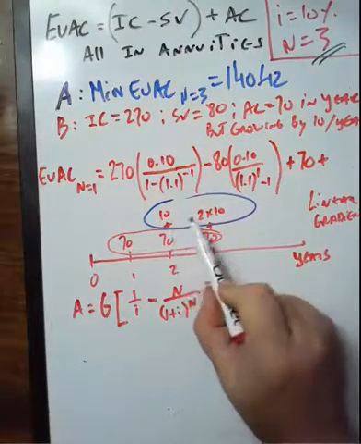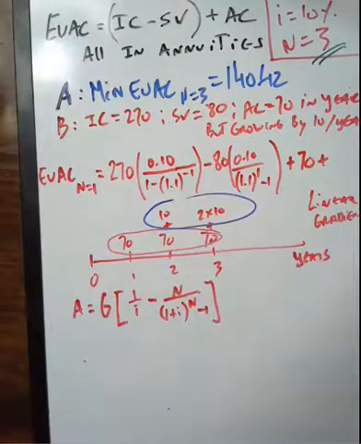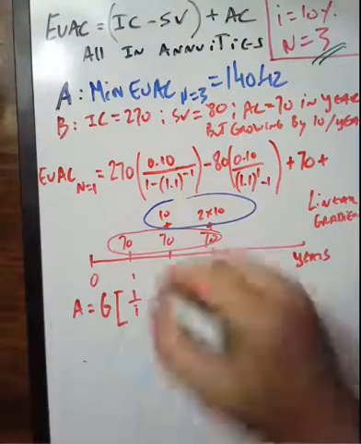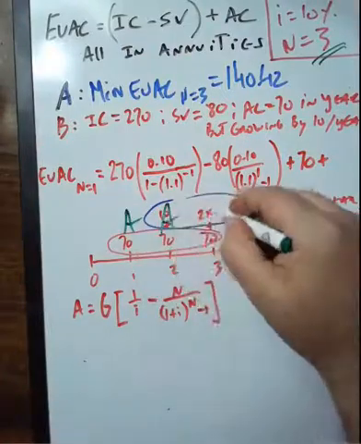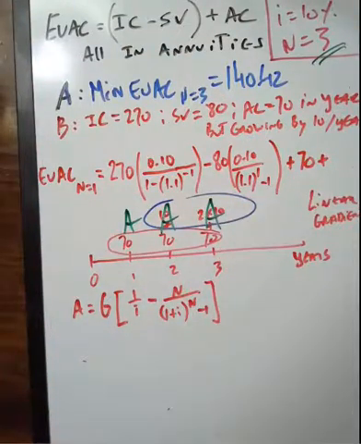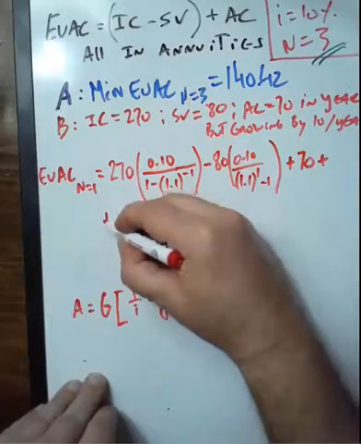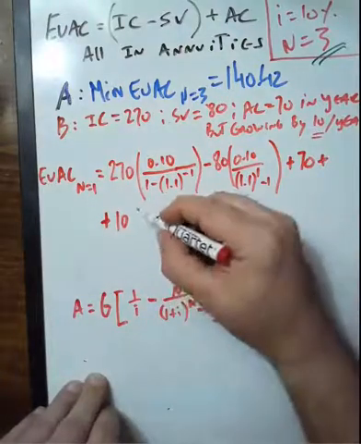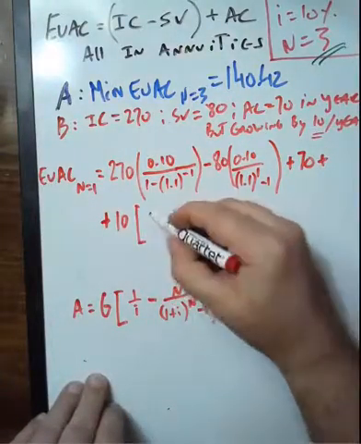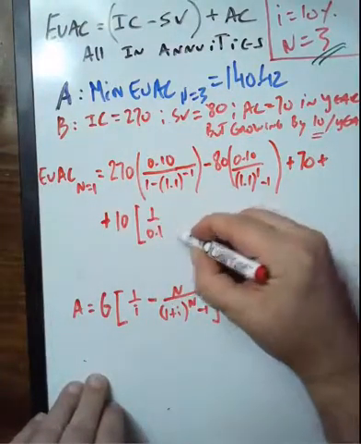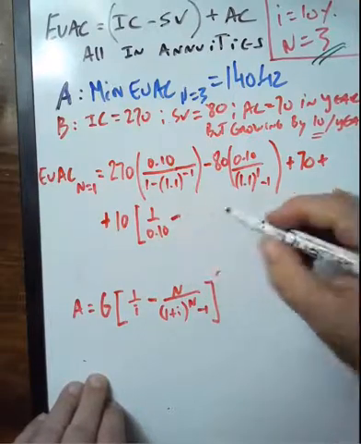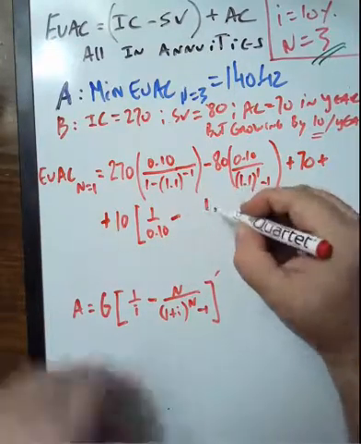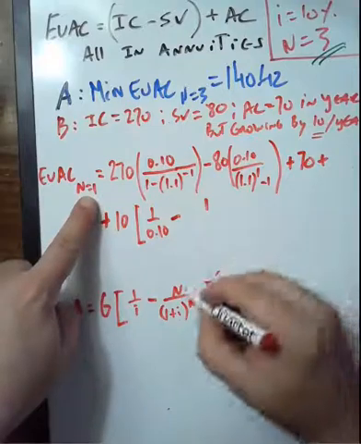So we're going to transform these into something that happens here, here, and here. Right? So that's why we can add that up. We're going to have the gradient, which is 10, then multiplied by 1 over the interest rate, then minus n, in this case n is 1.